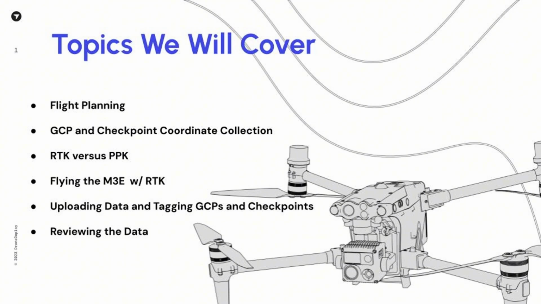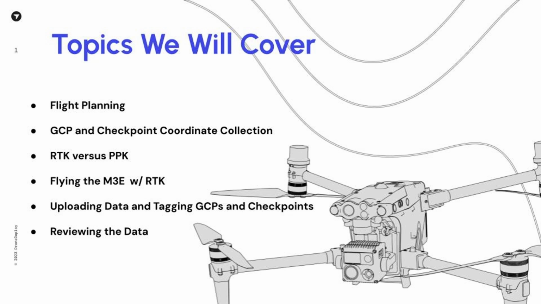All right, so before we get started, we're going to talk about the topics that we're going to cover in this video. We're first going to talk about flight planning with the specific considerations concerning the Mavic 3 Enterprise with an RTK module. Then we're going to talk about GCP and checkpoint coordinate collection using an MLID, specifically the RS2. We're also going to talk about RTK versus PPK.